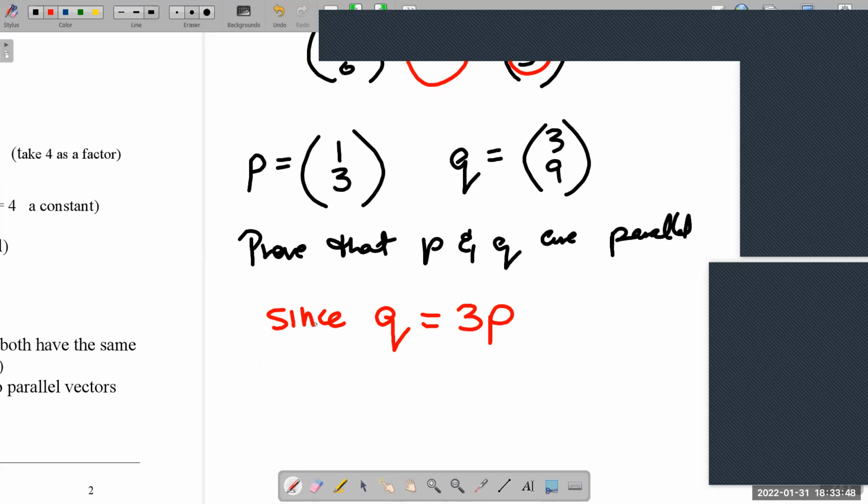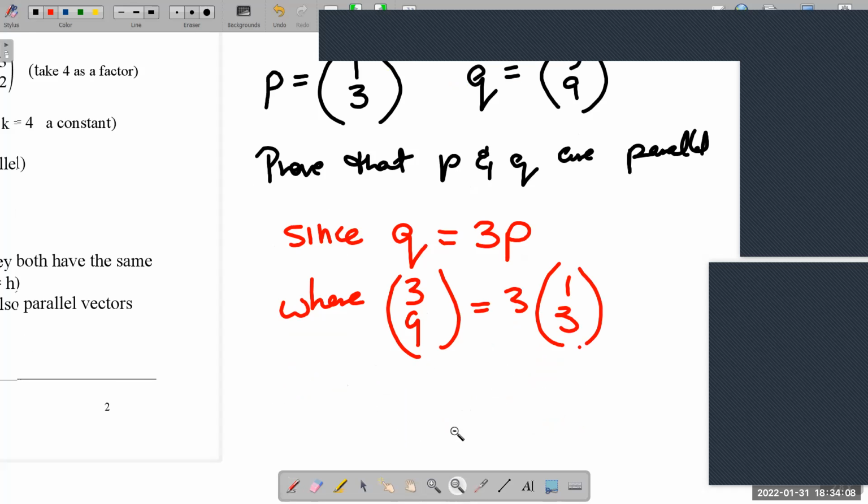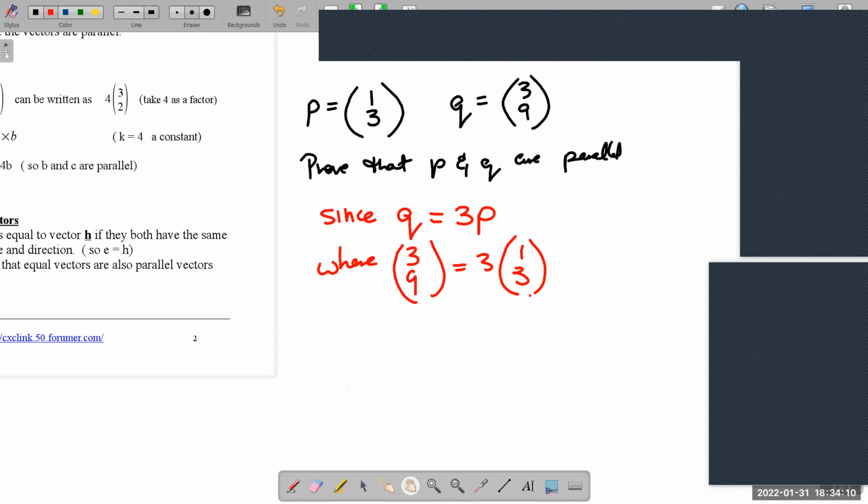So you would say, since Q is equal to 3P, where, and you make sure you explain what you mean. You write out what is Q, which is what? 3, 9 is equal to 3 times 1, 3. One of the things you must say is what is K. So since you proved this part, what's the next thing we need to say? Then what?